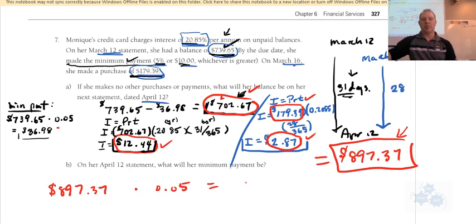This is the decimal form of the percent. And what is that? Calculate that on your calculator. What do you get when you punch those in? $44.87, correct. So if this is greater than $10, this is the one we have to pay, and of course this is greater than 10, so this is the minimum payment.